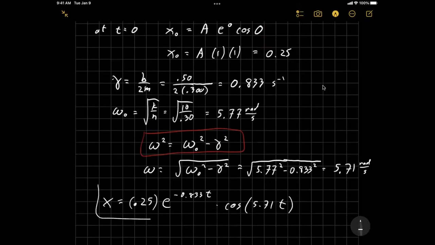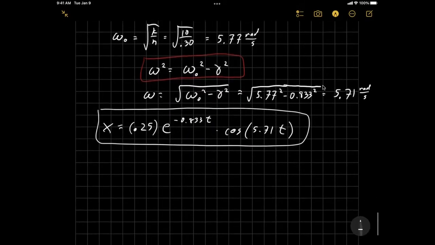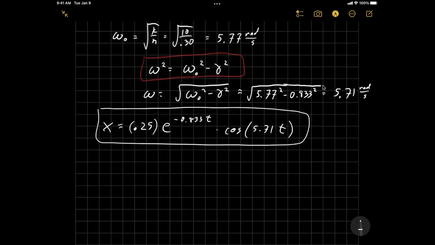And this gives us the equation of motion that we just had, very close to it. There is a sine term, but it's going to be a smaller term, and it won't have much impact in this case because of the low damping.